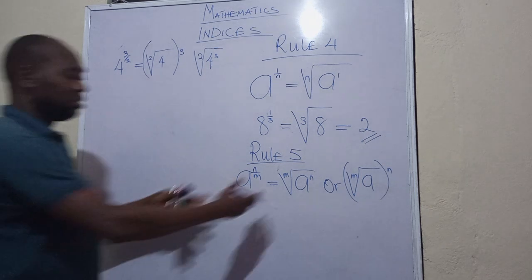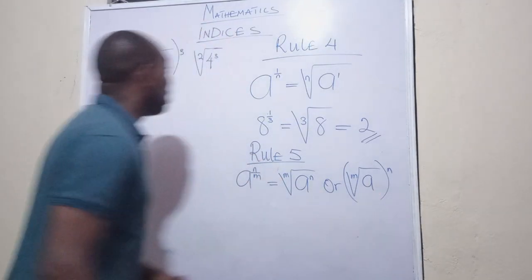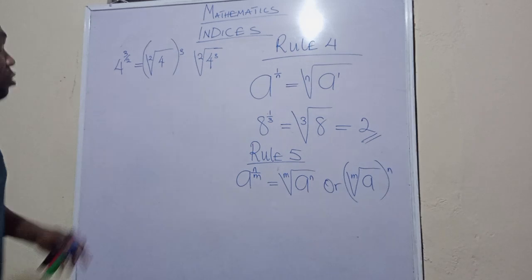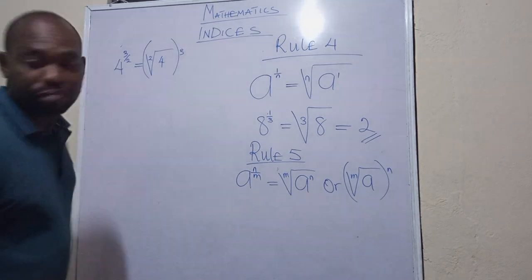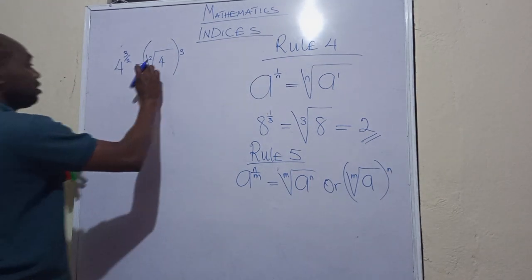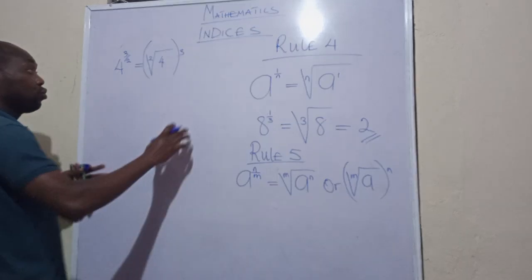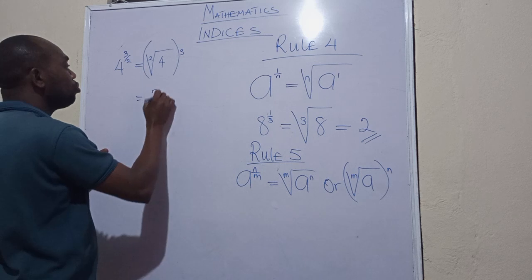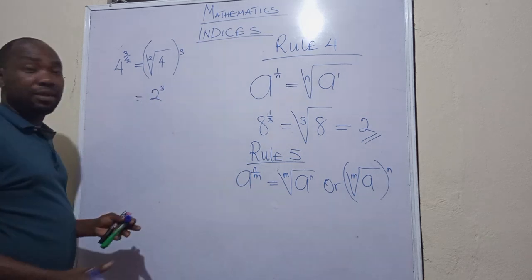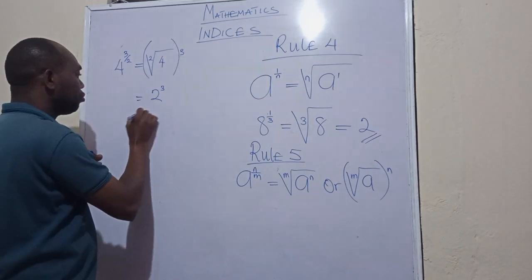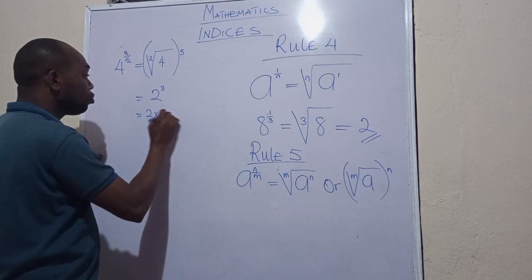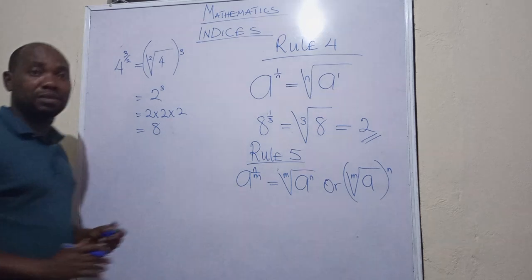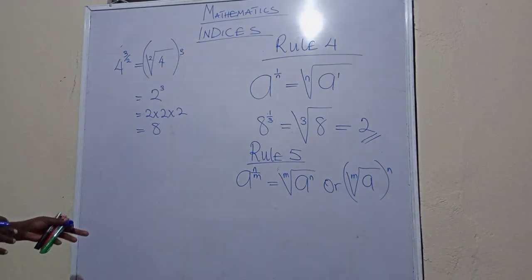Looking at this first, we can use this method by simplifying the square root of 4, which is 2, and we will now have 2 raised to the power of 3. The result is 2 times 2 times 2, and the answer is 8. As simple as that.